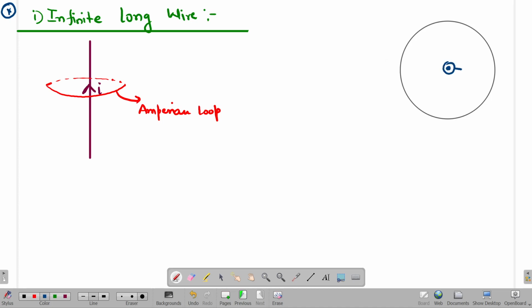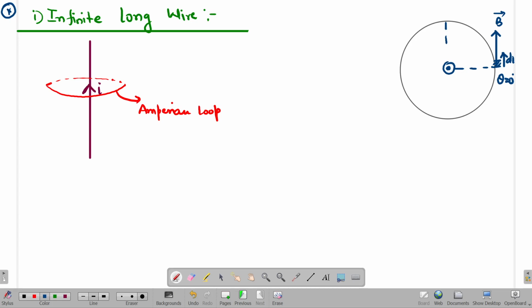Now if I select some points here, the magnetic field is along the tangent, isn't it? And what is the direction of dl? The direction of dl is also along the same direction. So here theta is how much? 0 degree.